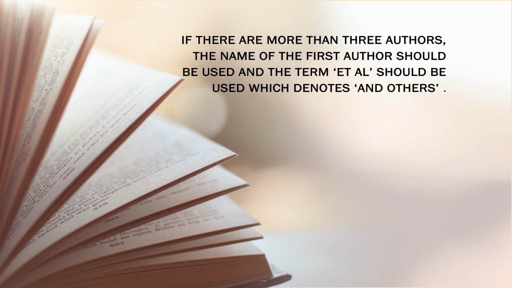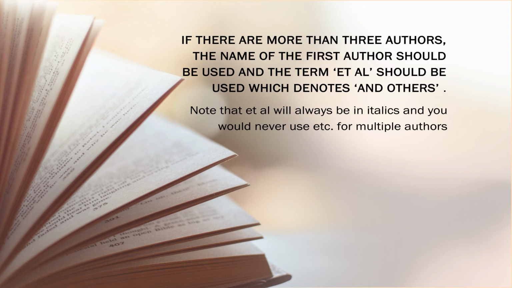If there are more than 3 authors, the name of the first author should be used and the term et al. should be used, which denotes and others. Note that et al. will always be in italics, and you would never use etc.